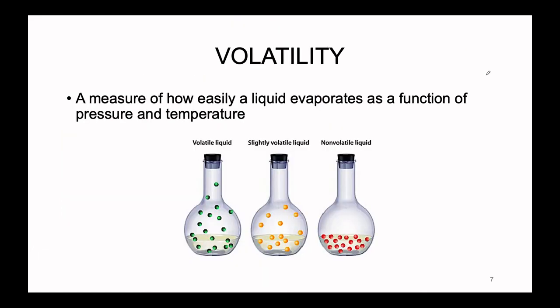The last property that we have to talk about when it comes to liquids today is volatility. Volatility is the measure of how easily a liquid evaporates as a function of both pressure and temperature. So this type of volatile evaporation may happen even at a temperature lower than the boiling point of the liquid.